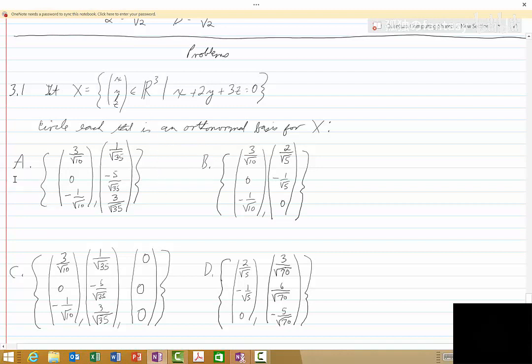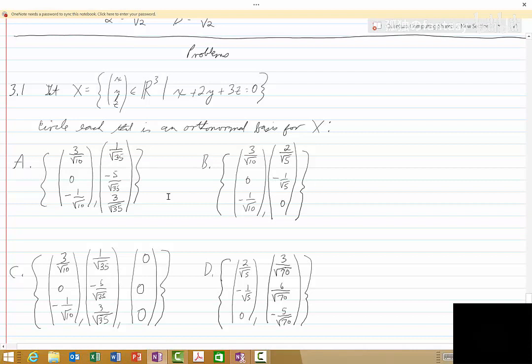And you want to circle each of the following that is an orthonormal basis for X. Now, just to review, an orthonormal basis means it's not only a basis for X, but also the vectors in the basis are orthogonal to each other, and each of them has a length of 1.